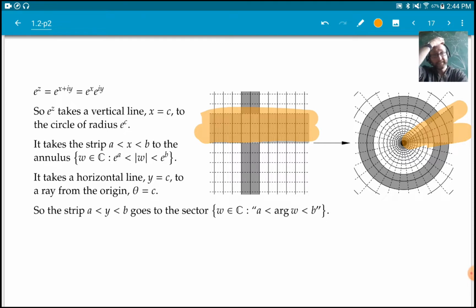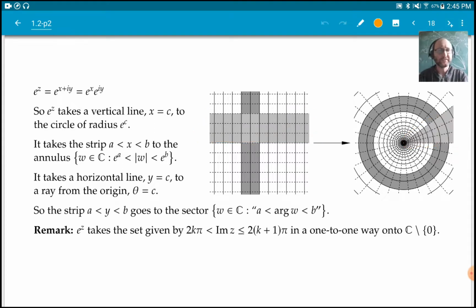And actually, this can be one-to-one as long as the horizontal strip is not too wide. If it's not wider than 2 pi, it will go one-to-one onto a sector between those two angles.